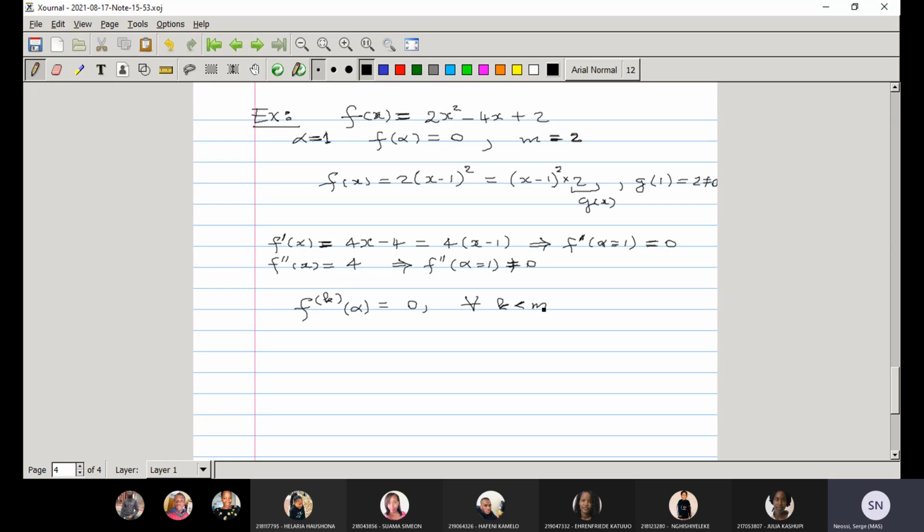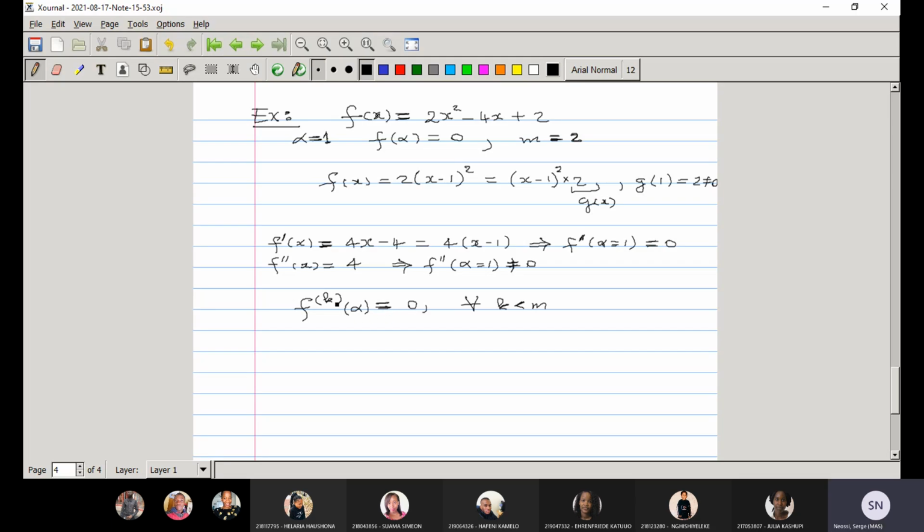If k is greater than or equal to m, the derivative applied to alpha will not give 0. And this is an example. You can see, once I reach the multiplicity, I can't get 0 anymore. So bear this in mind because that's what we will use in our Fourier approximation.